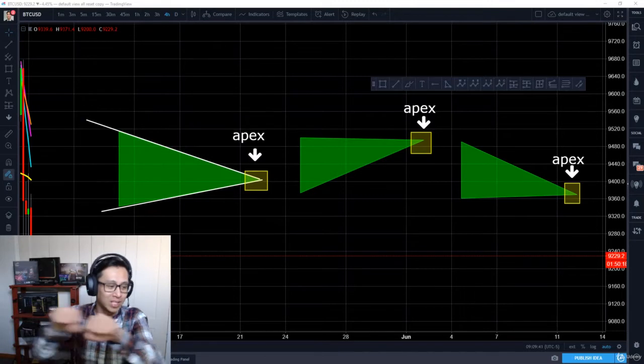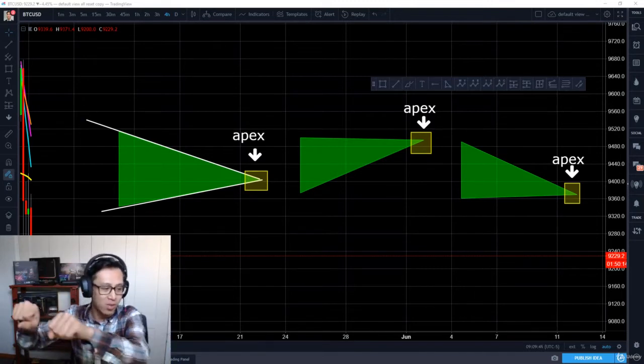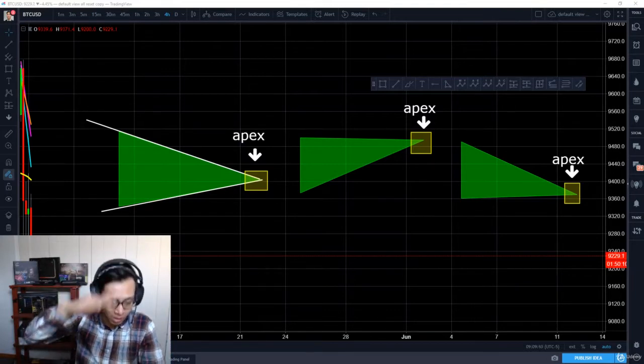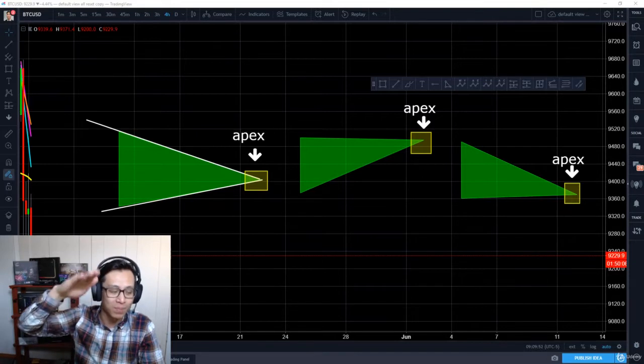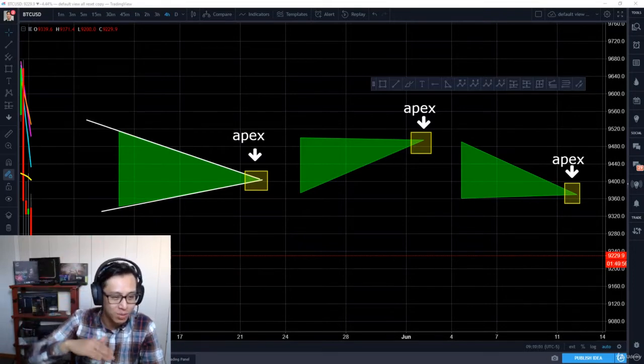Because think of it like a tug of war, right? They're always fighting each other back and forth, back and forth, right? Or they're always fighting, in this case, trying to go up and down, up and down. The bulls want to raise the price for it to go up. And the bears want the price to go down because they want cheaper coins, right?